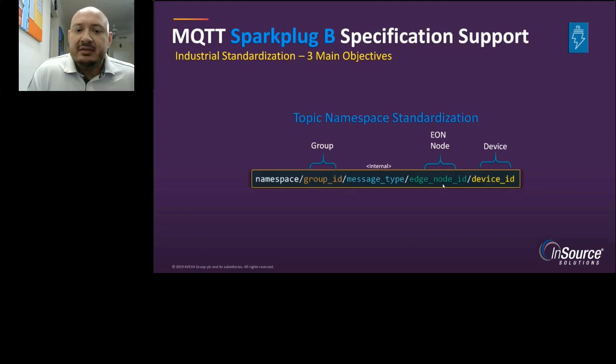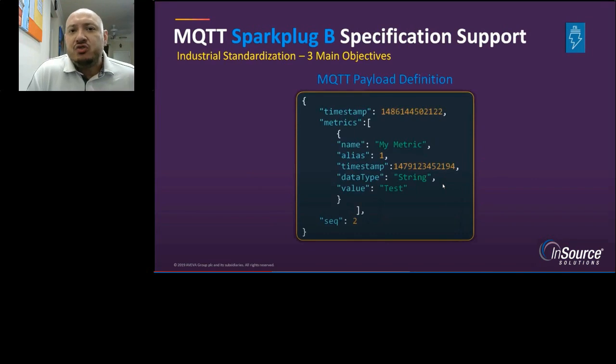The second thing that it provides for us is an actual structure for our payload. So again, when I'm saying this word payload, it's the actual data that's getting transported across the network through the broker and down into the subscriber, which in this case is going to be the MQTT driver and System Platform.